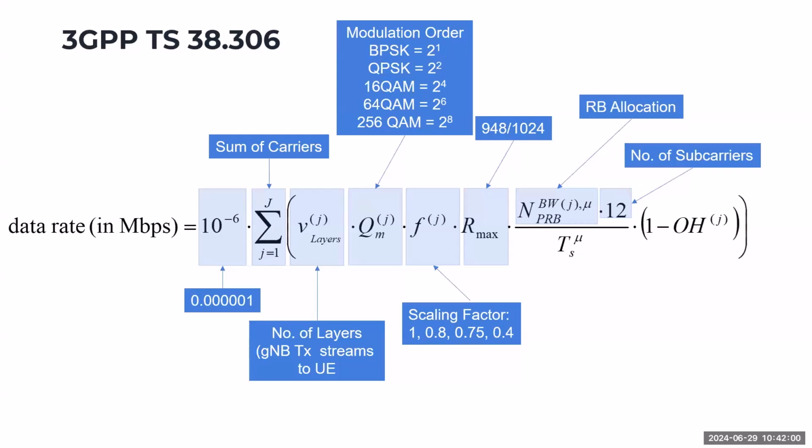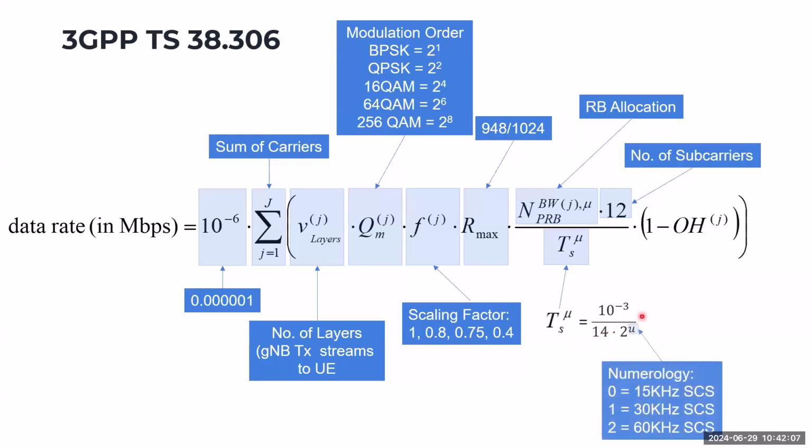And you have this factor of how many symbols we have, and the mu is the numerology. What is the subcarrier spacing used in your calculation? Is it 15 kilohertz, 30 kilohertz, or 60 kilohertz?